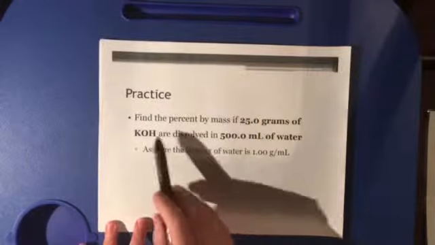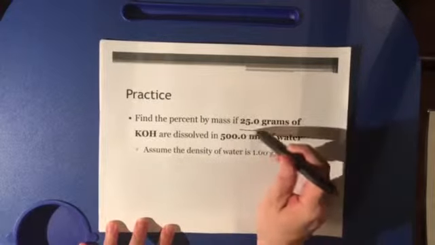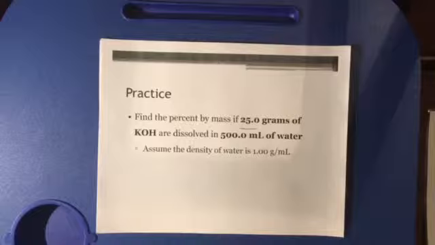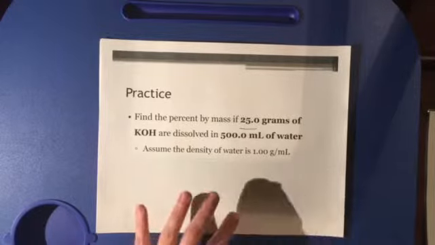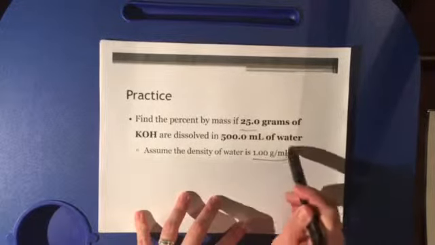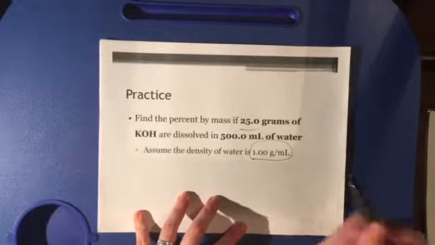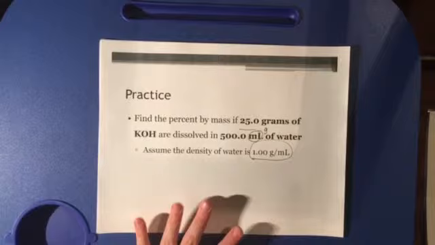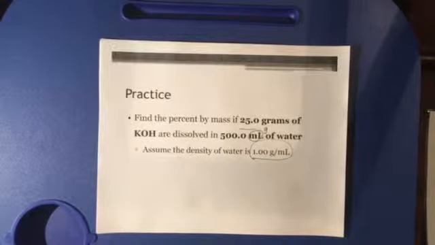For example, find the percent by mass if 25.0 grams of potassium hydroxide are dissolved in 500 milliliters of water. Here we're going to assume the density of water is 1 gram per milliliter, and so that allows us to see that that would be the same as 500 grams of water.